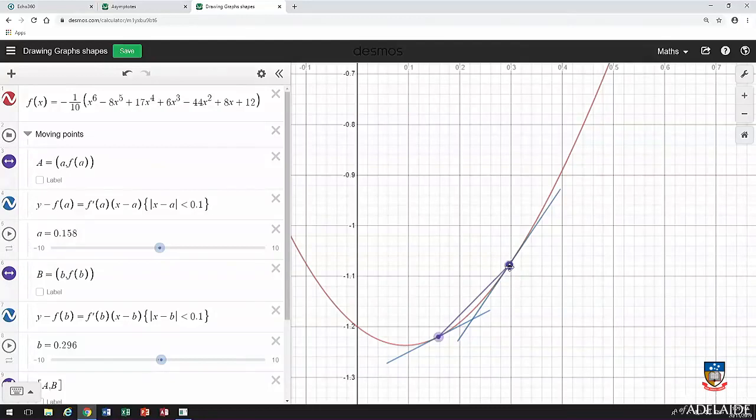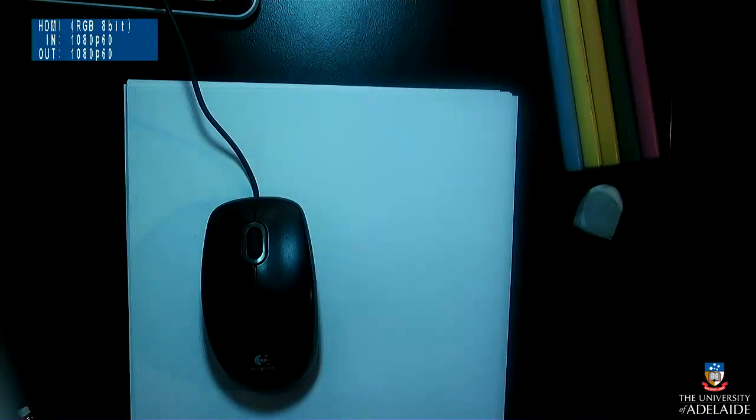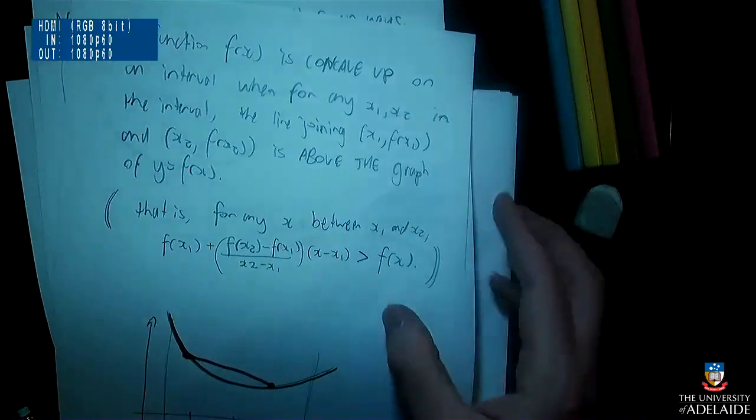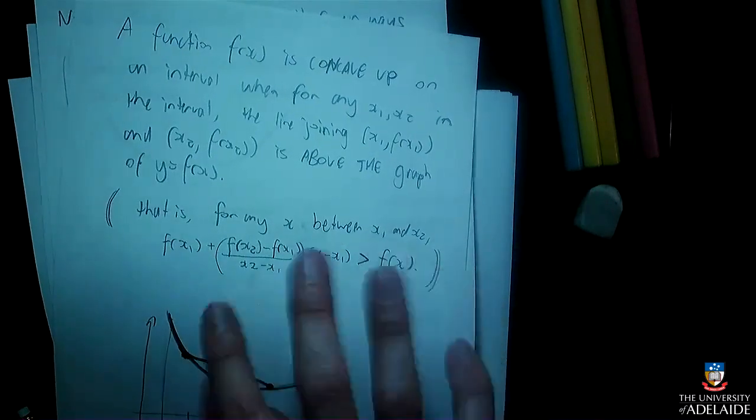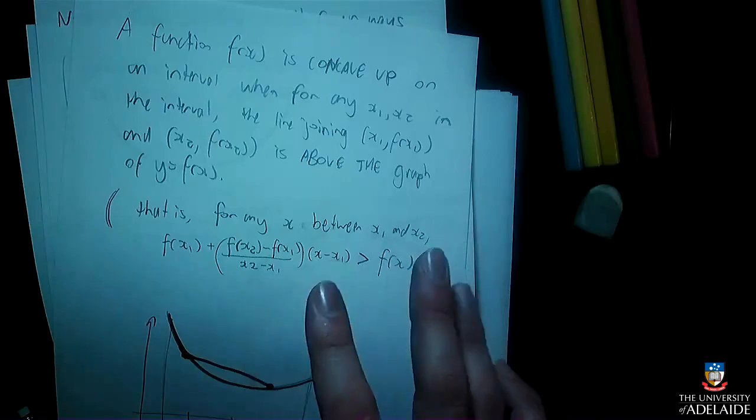And we can actually get that directly from the definition we had before, because we can rearrange it to get slopes. Document camera. When we did the definition of concave up and concave down, see this thing here? If I subtract this over there and then divide by this, I get two slopes, and one slope is more than another slope.